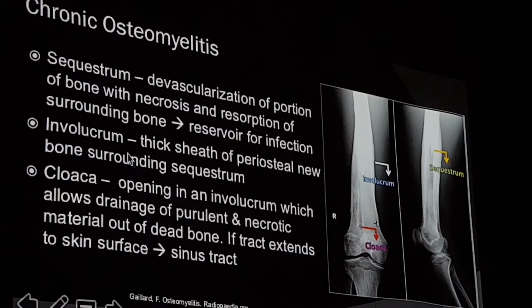Whereas involucrum is a thick sheet of periosteal new bone. So sequestrum is dead bone, involucrum is live bone. Cloaca refers to an opening in an involucrum which allows drainage of pus, usually going towards the skin surface. And then there you have your sinus tracts.